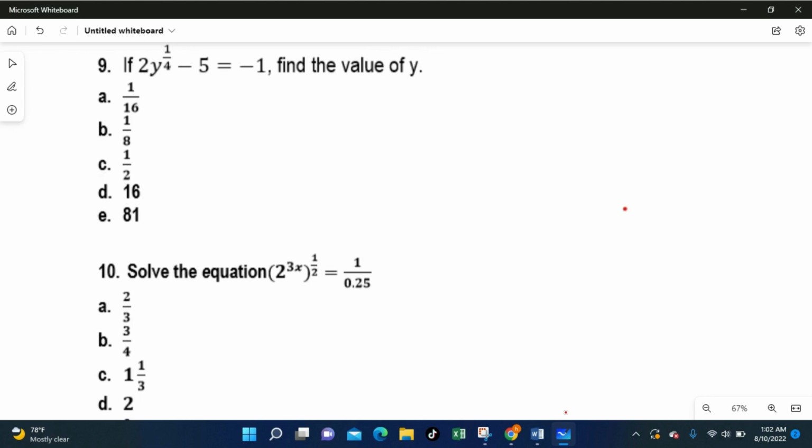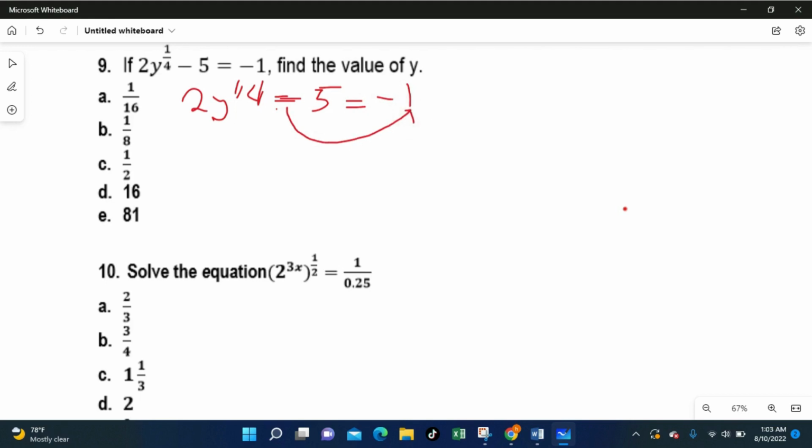In question number 9, you were given that 2y raised to power 1 over 4 minus 5 is equal to minus 1. Now, the first thing you need to do is to send this minus 5 to this other side.